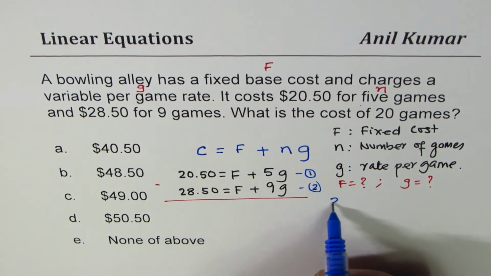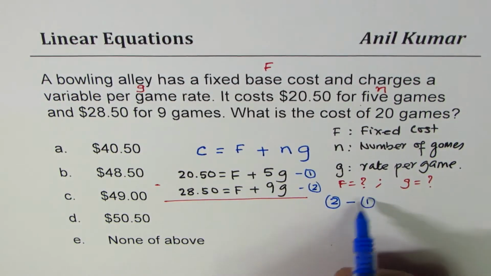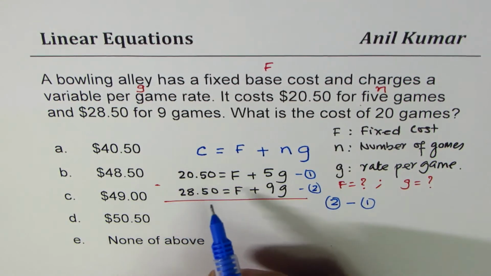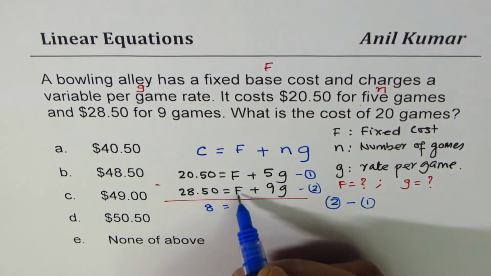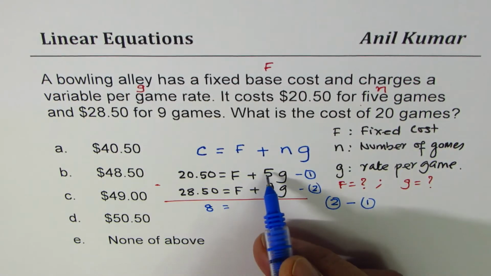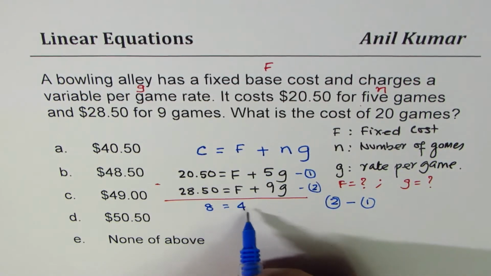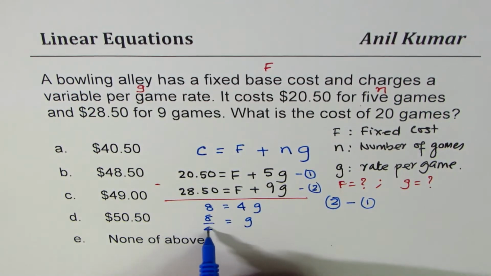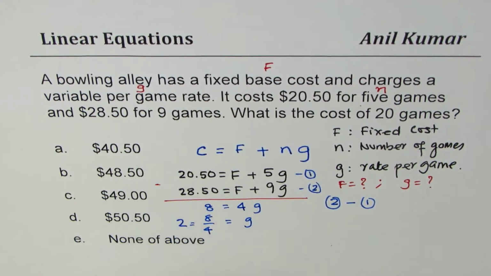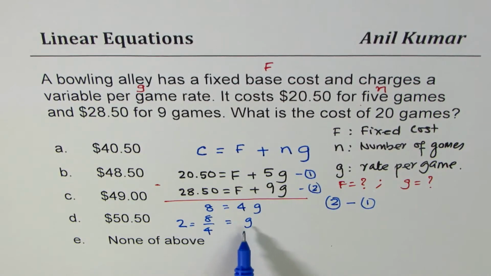So I'm doing 2 minus 1, to avoid negative signs. We get 8 here, f minus f is 0, 9 minus 5 is 4, so 4g. That gives us g equals 8 divided by 4, which is $2. So the rate for each game is $2.